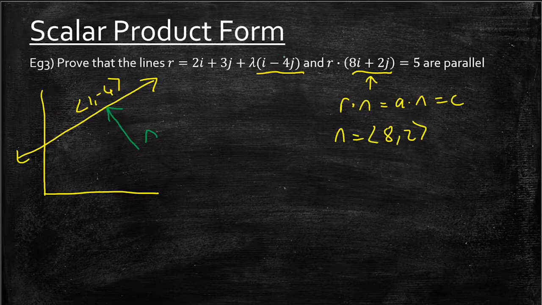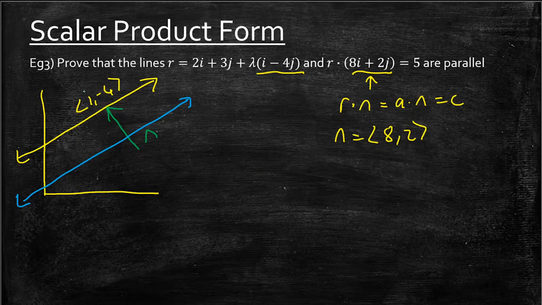Now, if it equals 0, then that means that 8 and 2 is also the normal vector of our first line. And that means that if this is the second line here, they both share the same normal vector. Okay? If they don't share the same normal vector, they are not parallel lines because there's only one normal vector for each line. So let's go ahead and test that now.